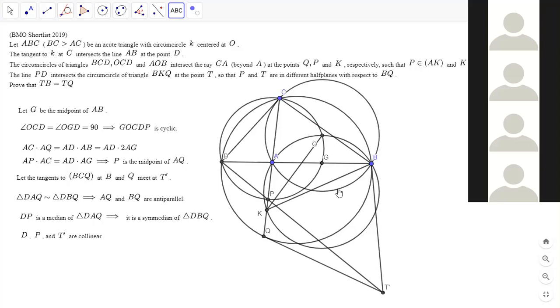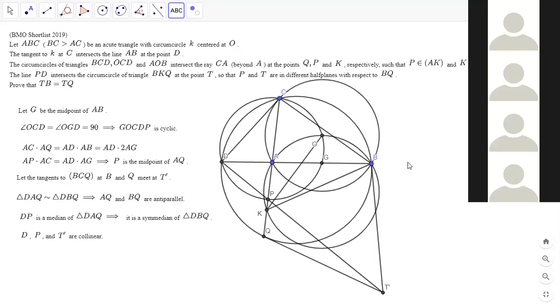Okay, let's say angle BKA is 180 minus AOB, which is twice ACB, which is twice QCB, which is twice QDB.